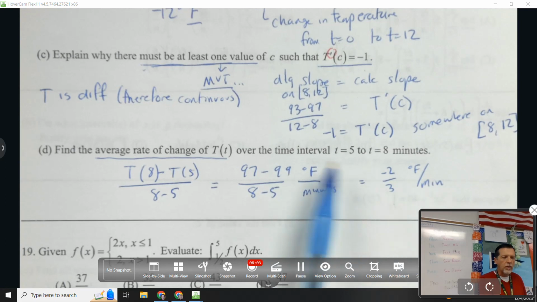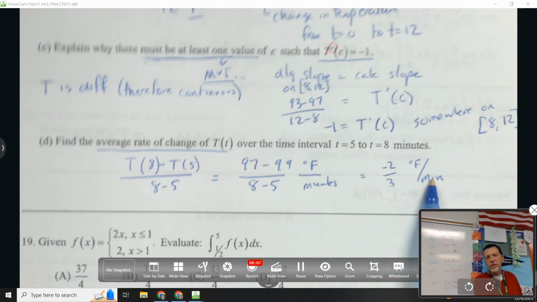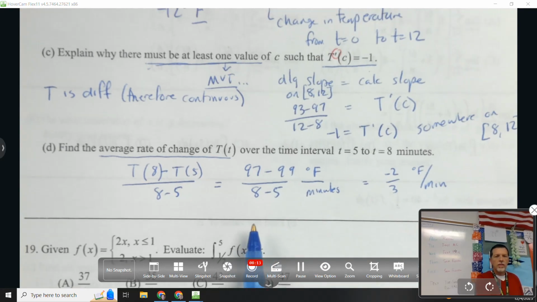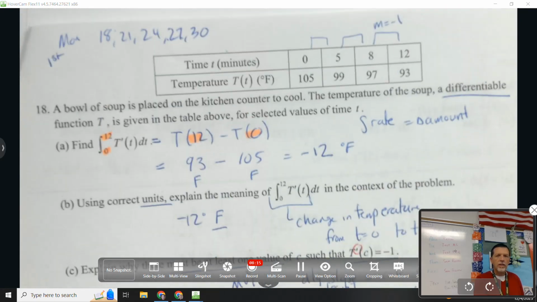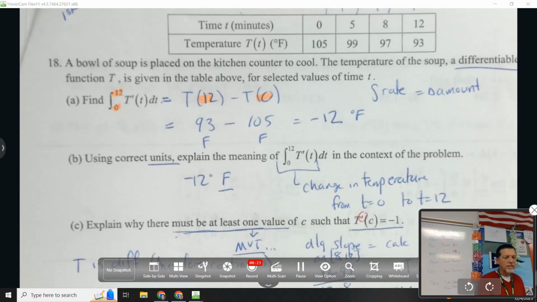That sounds like a rate of change. It's going down 2/3 for each minute between 5 and 8. Okay, table question. And I thought there'd be a Riemann sum in there, but there wasn't, because it could ask all sorts of things.